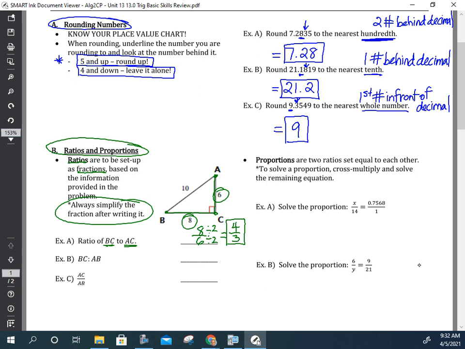The other ones work pretty much the exact same way. So example B, BC to AB. Again, BC is 8, A to B is 10. So 8 over 10.